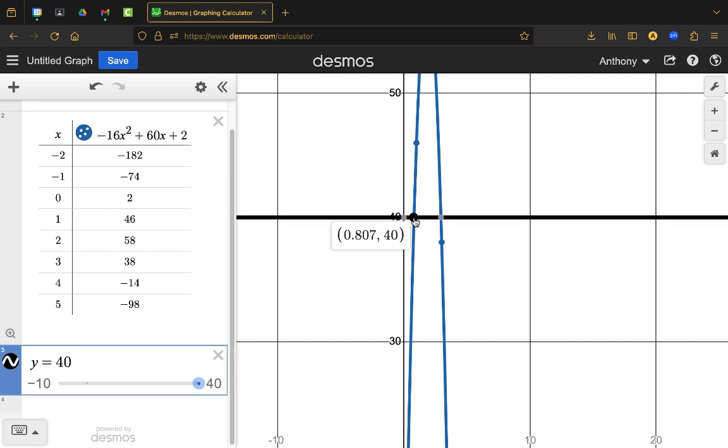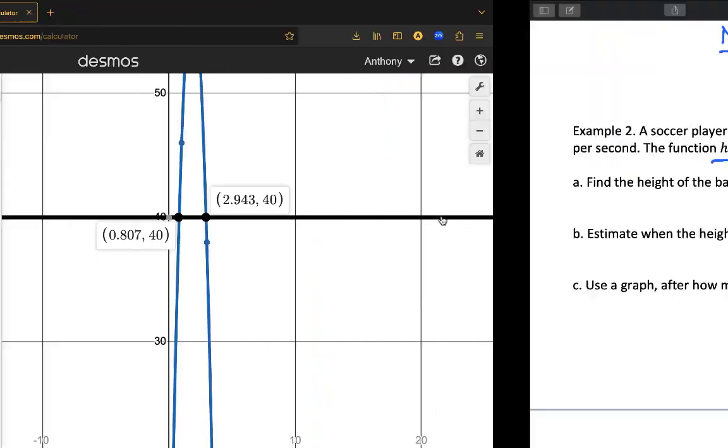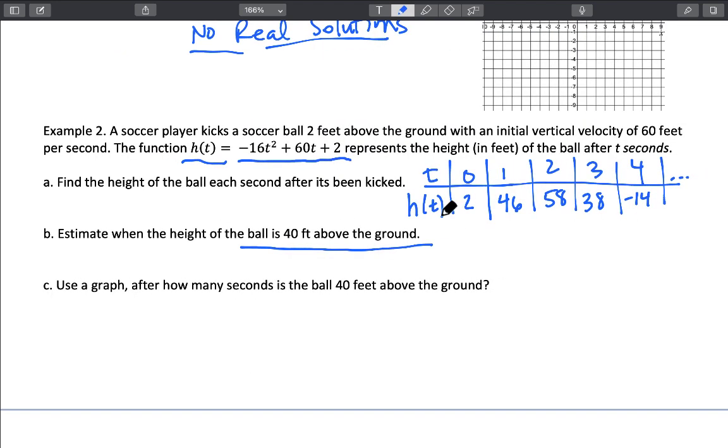And if we tap on the intersection point here, we see that it's at about 0.81 seconds, and then again at 2.9 seconds. So it says estimate when, so that's talking about time. So time would equal about 0.81 seconds, and 2.9, would we say 2.94 seconds.